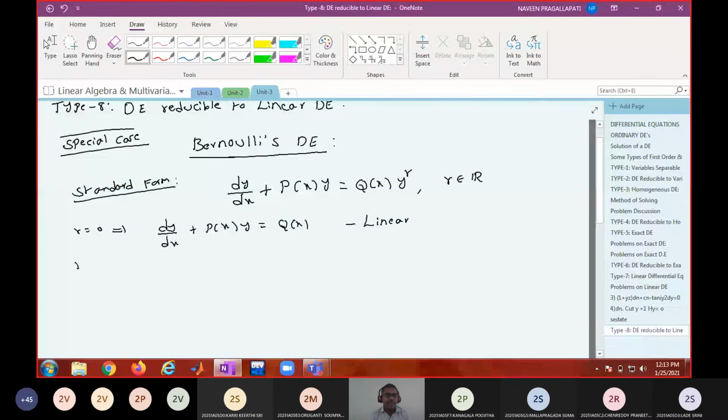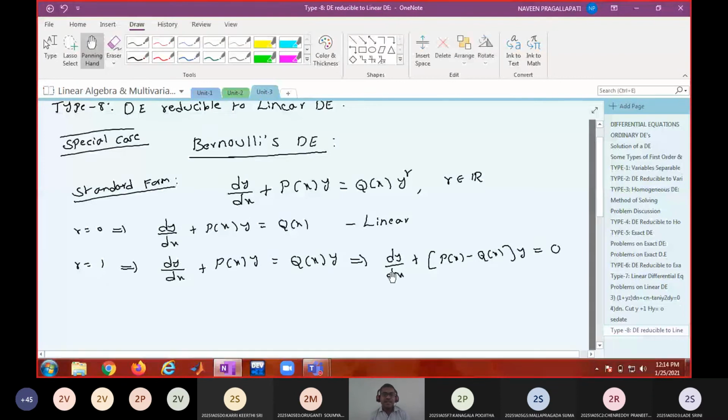r equal to 1 means, then what do you get? dy by dx plus p of x into y equal to q of x into y. Now is it linear or not? Yes. I can rewrite it as dy by dx plus p of x minus q of x into y equal to 0.